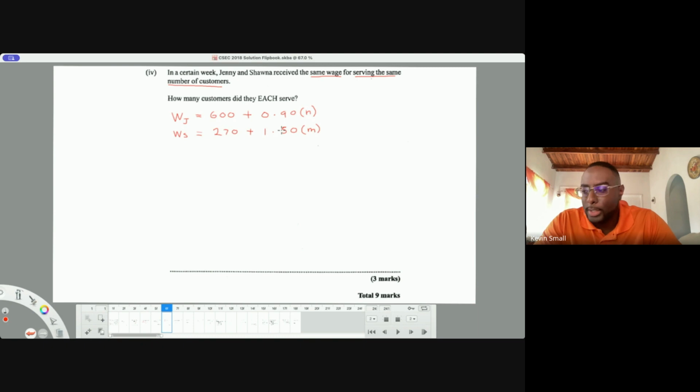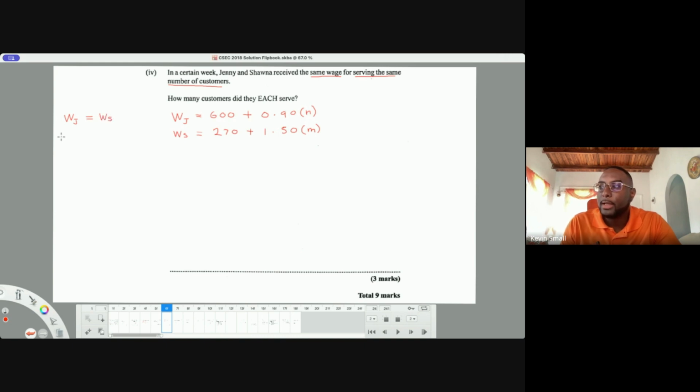Now there are two ways that you could look at this. You could look at this as a simultaneous equation problem. That's one way to look at it. But really, if it said that people get the same wage, then that means that WJ is equal to WS.